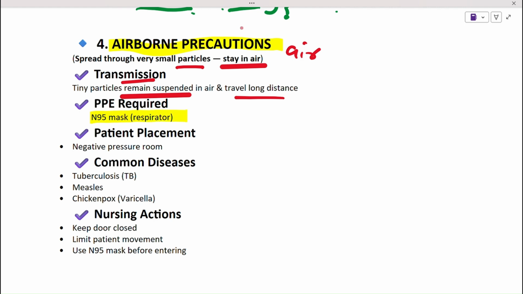You must remember that an N95 mask is required in airborne precautions. Patient placement is in a negative pressure room. Common diseases under airborne are tuberculosis, measles, chickenpox. Nursing actions: keep the door closed, limit patient movement, use an N95 mask before entering.